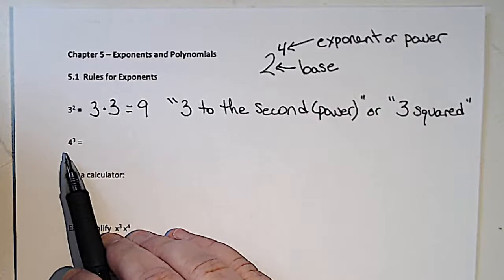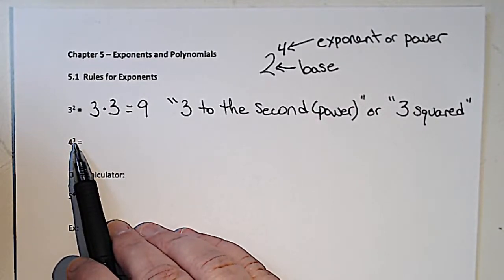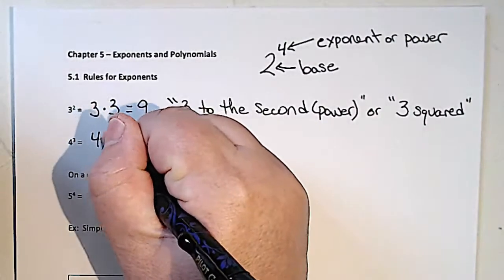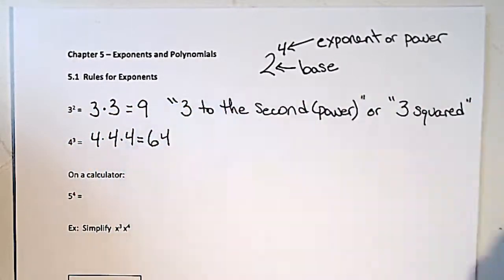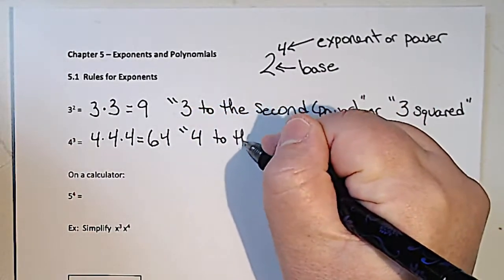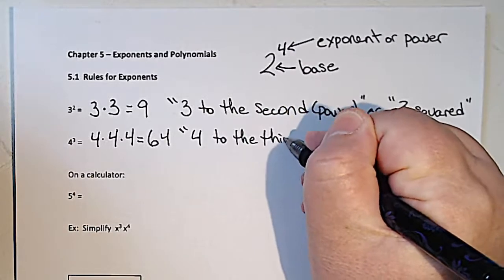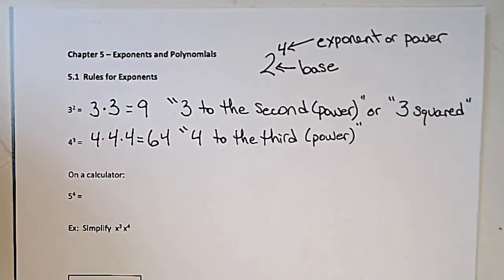Now this one with 4 as the base and 3 as the exponent is 4 times 4 times 4, which is 64. We pronounce this 4 to the 3rd, and again, the word power is optional.